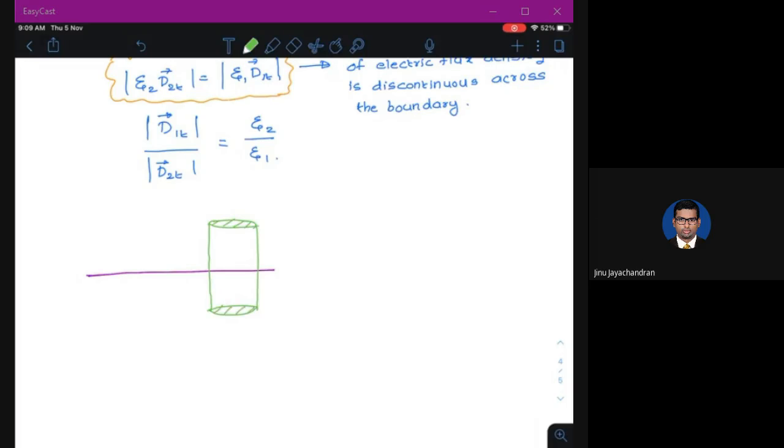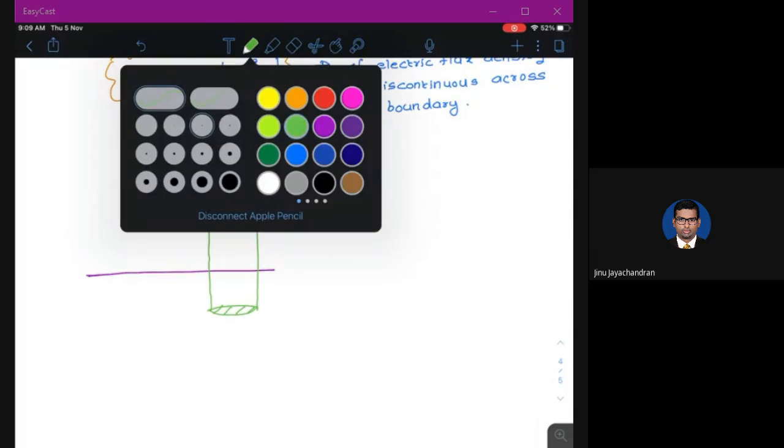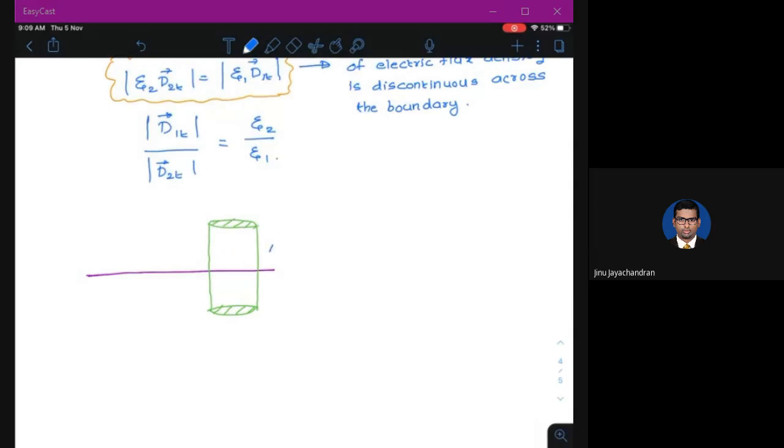This cylinder has delta h by 2 height in the first medium and delta h by 2 height in the second medium.